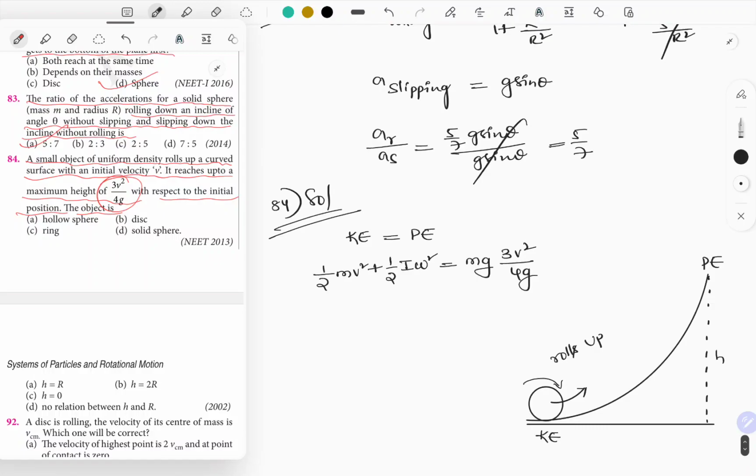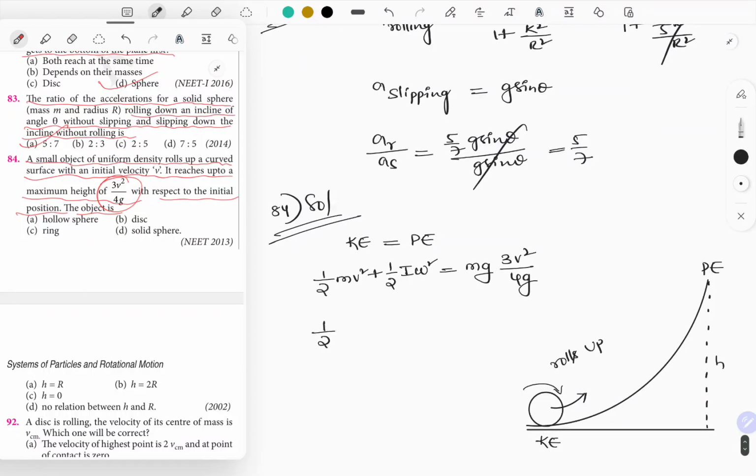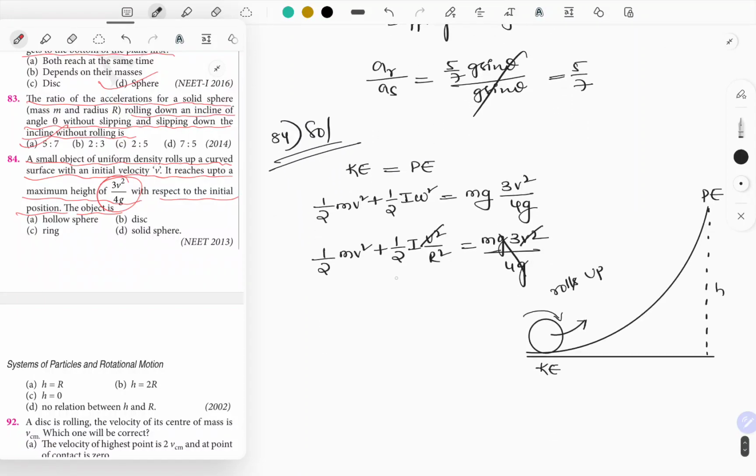Let me replace omega in terms of radius: 1 by 2 mv square plus 1 by 2 I v square by r square, which is equal to mg times 3v square by 4g. So g will get cancelled out. mv square, sorry, v square also will get cancelled out. Now the 2s cancel out.